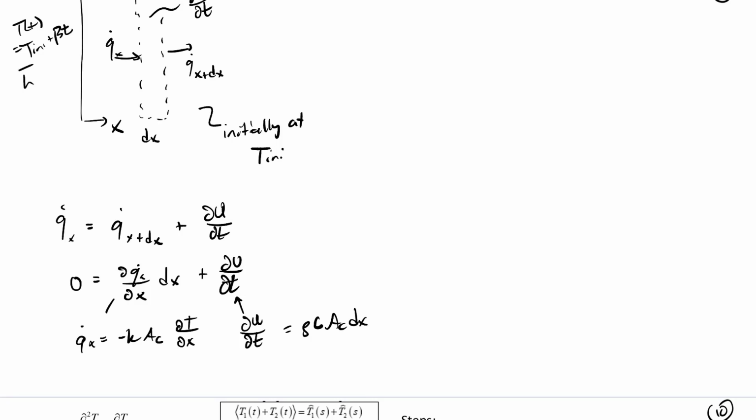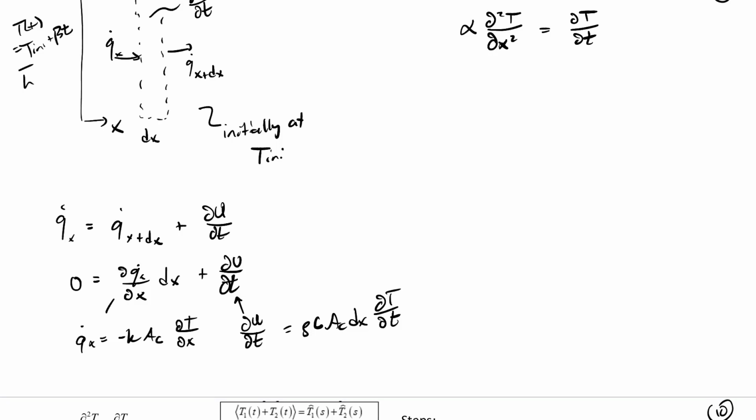AC dx is the volume, times d temperature d time. Okay, so that you've done several times now. So we can bring this all back together, and I'll just skip the step, but we end up with alpha, the thermal diffusivity, being equal to the following: d squared T dx squared is equal to 1 over alpha times d temperature d time. Okay.